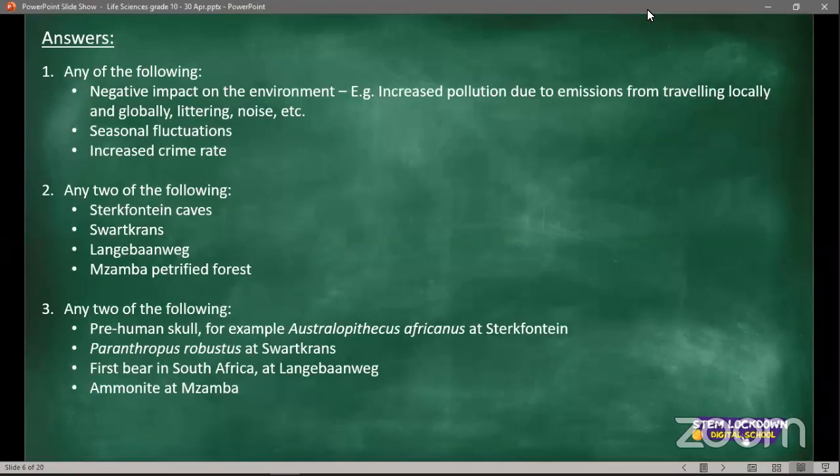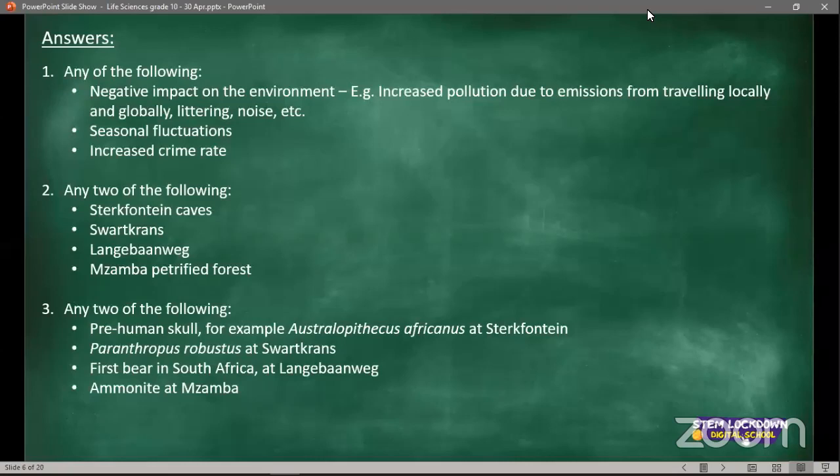And for another one, thank you, Nelly. Yeah, Mrs. Ples, Pleasant Child. So Nelly says in Sterkfontein Caves, they found Mrs. Ples, and in Taung, which is in Northwest, they found the Taung child. Thank you.